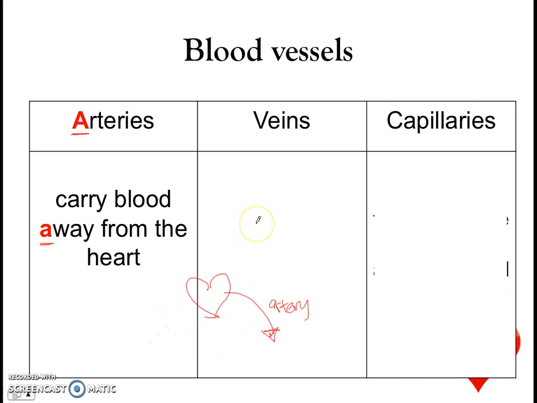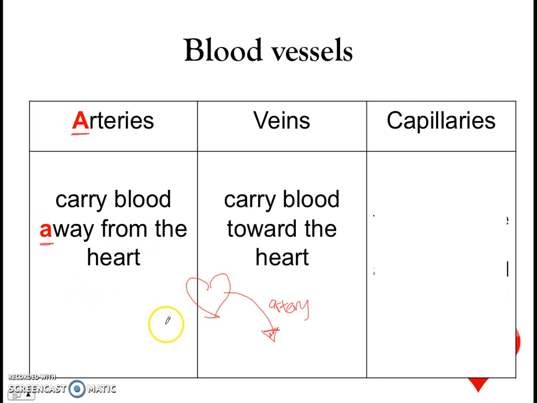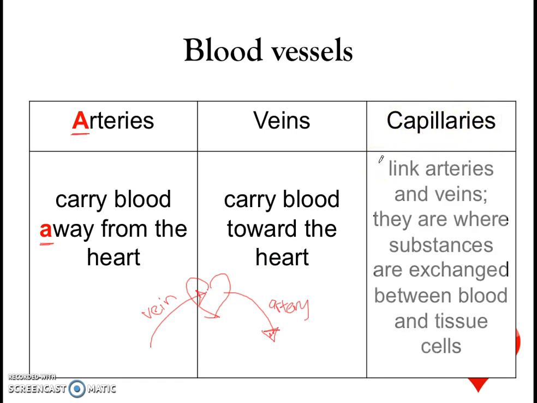Now, on the other hand, veins are blood vessels which carry blood toward the heart. So again, it doesn't really matter what kind of blood is inside here. As long as the blood is being carried into or toward the heart, then this blood vessel is called a vein. So what's a capillary then? Well, a capillary is usually what lies between the arteries and veins.